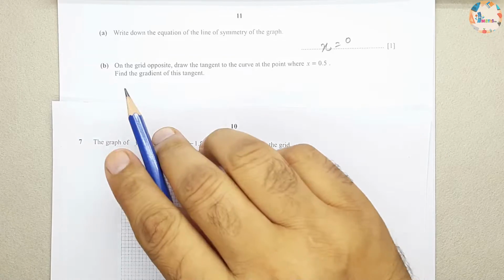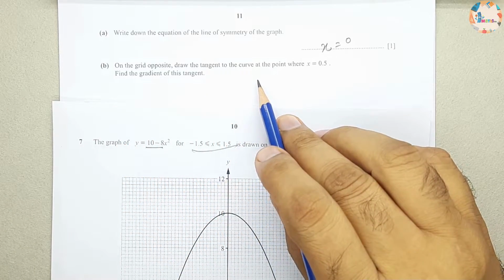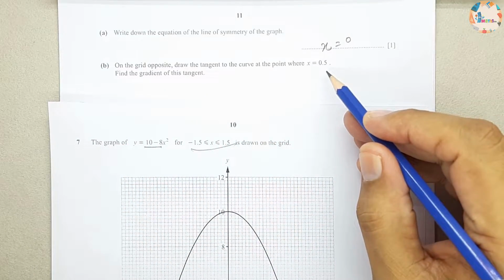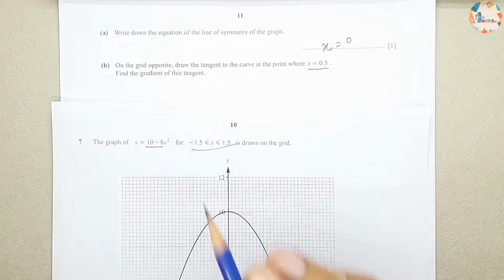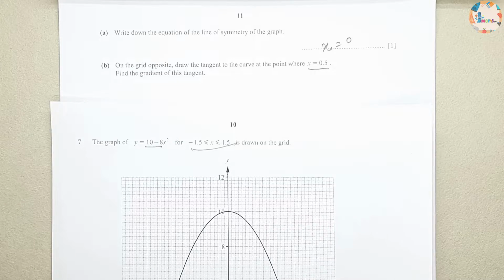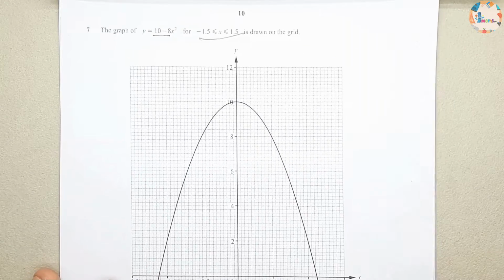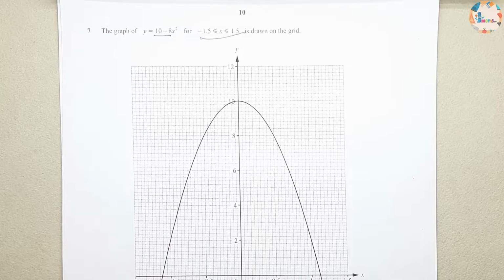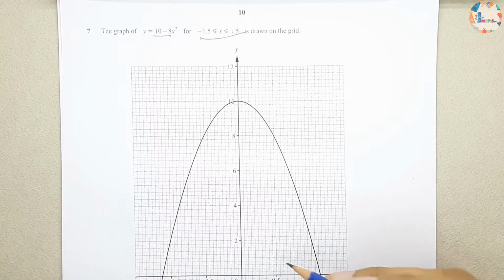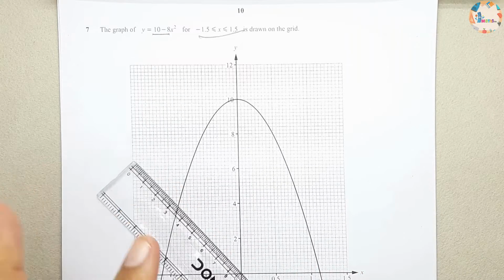And for part B, on the grid opposite, draw the tangent to the curve at the point where x is equal to 0.5 and find the gradient of this tangent. So we have to draw the tangent at x is equal to 0.5, and then find the gradient of that tangent. So we'll go to 0.5 and draw the tangent.